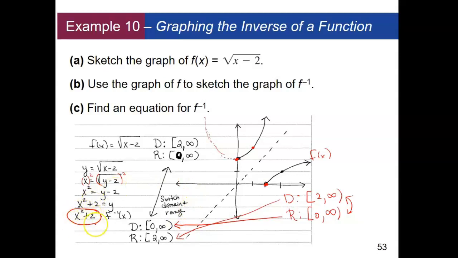So in using this, I'm only going to look at the part from 0 to infinity, and that's the part that we see graphed here. So that's why this part is not actually part of it. It's just the part of the graph from 0 to infinity that matches as the reflection of this original graph here. So it's because of the domain restrictions and switching your domain and your range that we end up with that restriction there.